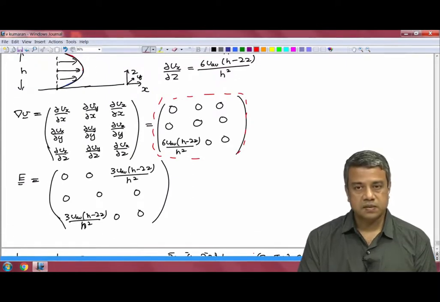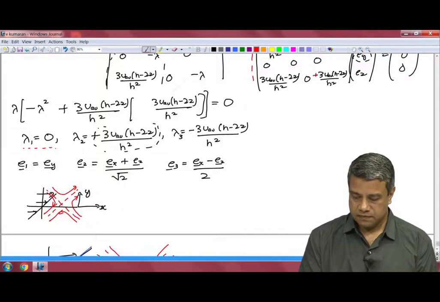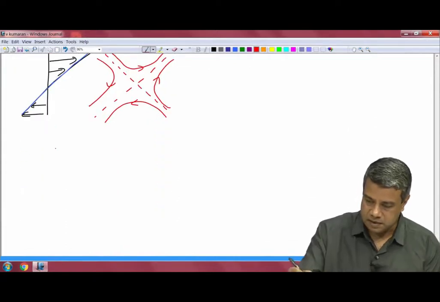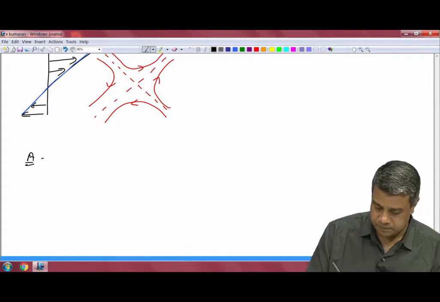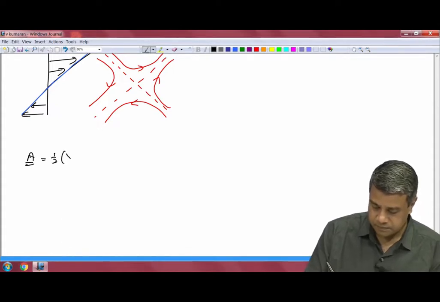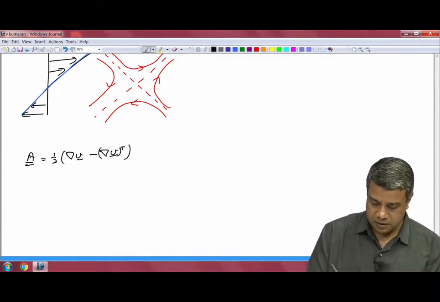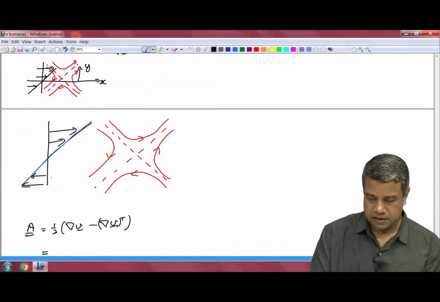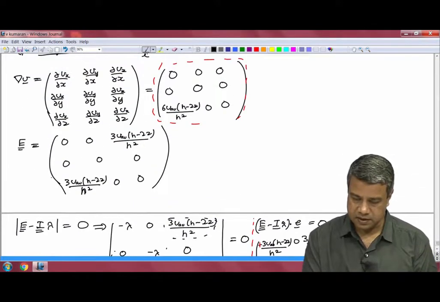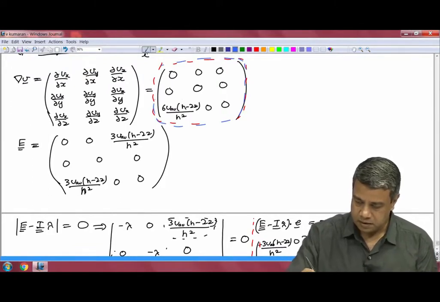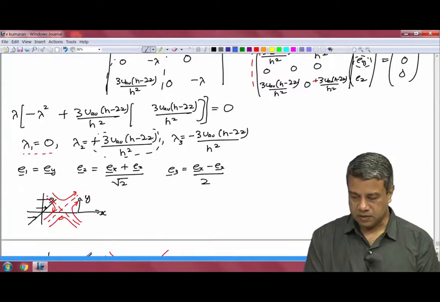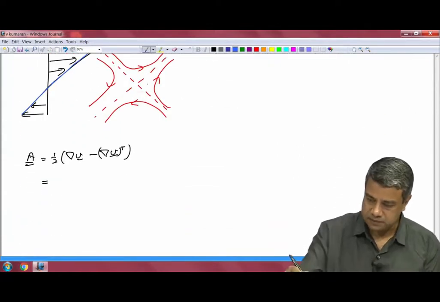So, this was the symmetric traceless part. The final component will be the antisymmetric part. And for this matrix that we have here, it is easy to determine what that antisymmetric part is.